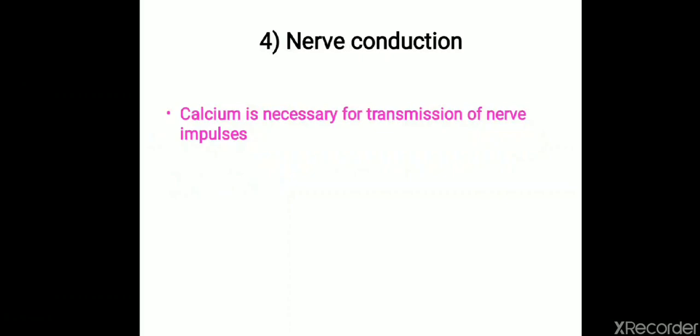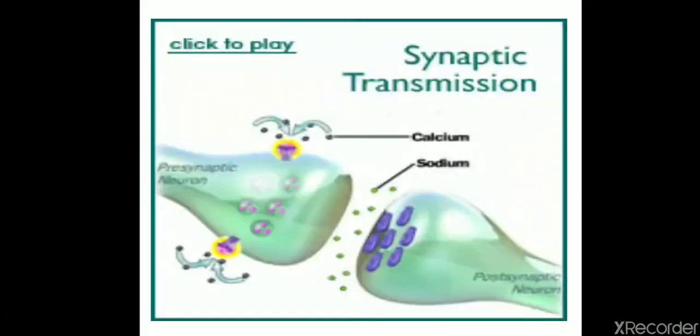Calcium is necessary for the transmission of nerve impulses. The presynaptic nerve contains presynaptic vesicles, and calcium is essential for the release of neurotransmitters from these vesicles.